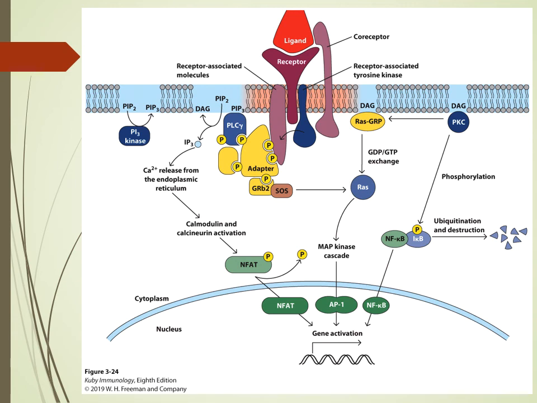There are many different pathways that can lead to this, and many different accessory proteins involved. This is actually showing a tyrosine kinase receptor. We were just talking about a G protein coupled receptor, so there are different types of receptors, lots of different options.